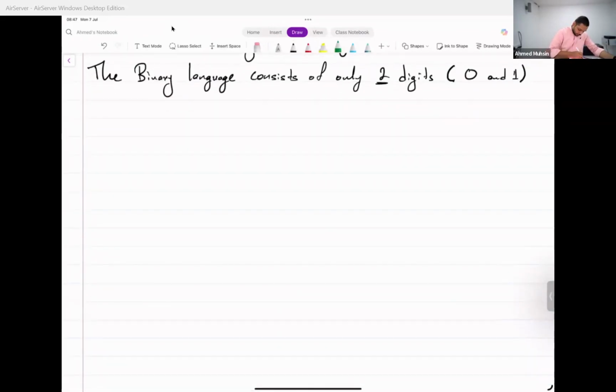2 to the power of 0 is equal to how much? 1. 2 to the power of 0 is equal to 1. Everybody okay with this? So in the binary number system, you can use 1 because 2 to the power of 0 is equal to 1. Now, 2 to the power of 1 is equal to 2. Okay? 2 to the power of 2 is equal to 4.